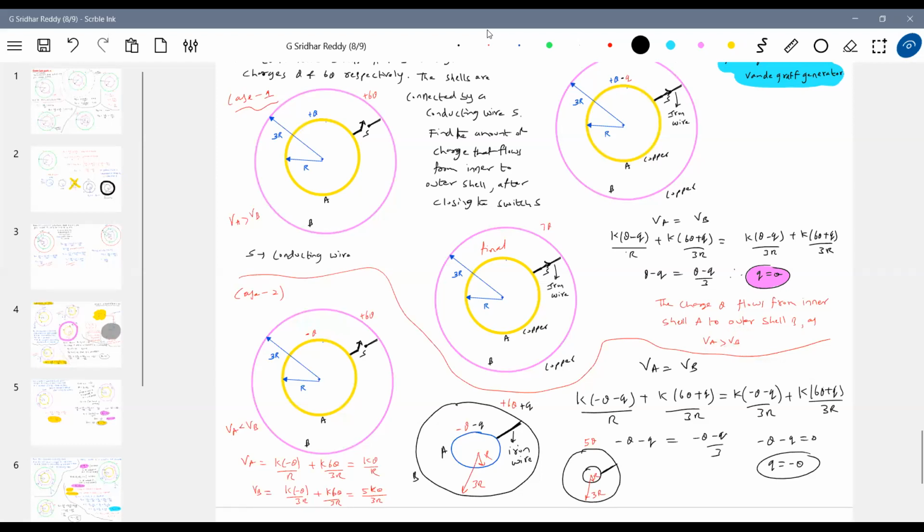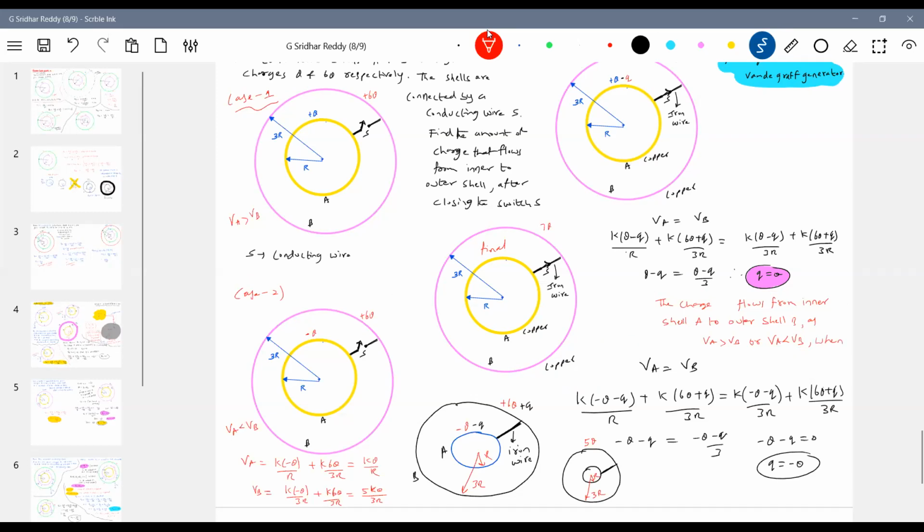So what shall I write? Let me generalize: the charge flows from inner shell A to outer shell B as VA greater than or VA less than VB when joined by a wire.